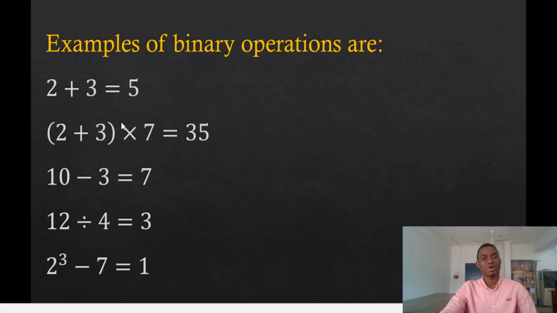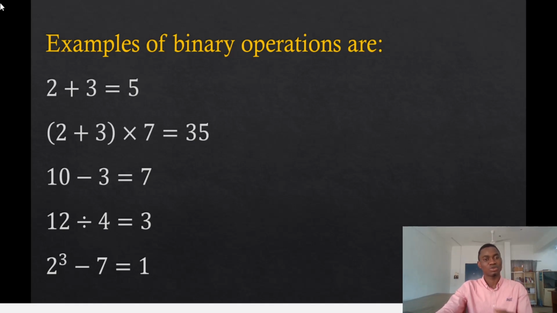Now we are going to perform another binary operation. The result of 2 plus 3 is 5, so that 5 times 7 is 35, which is also a binary operation. So a binary operation is just an operation that gives you a rule or a formula which you can use to perform arithmetic operation on two elements of a set.